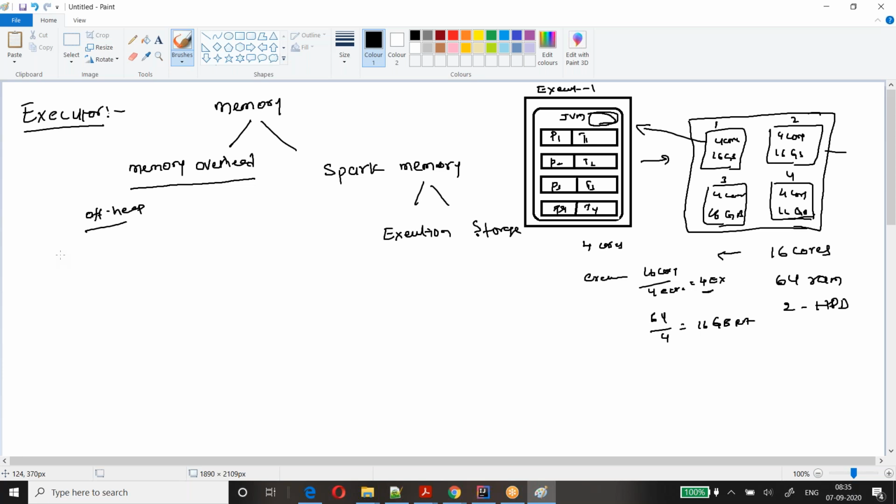So what will happen here? Whatever objects are not frequently used will be put into off-heap, and whenever they are required, they will be read from the off-heap. But this is not actual heap. They have allocated some different memory for it. It's in the RAM only, but they have allocated some amount of memory.